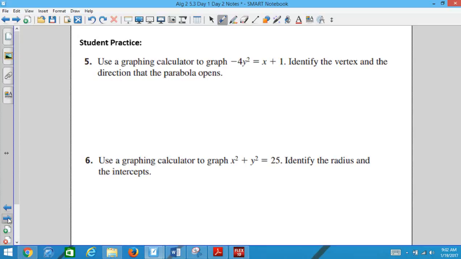So you do not need to simplify to type it in your calculator. You just need to get it typed in your calculator. So, did you divide by -4?